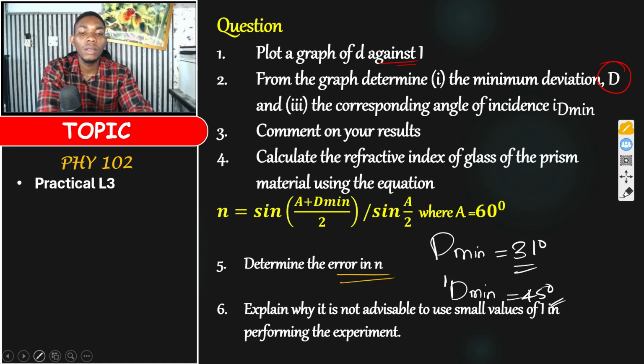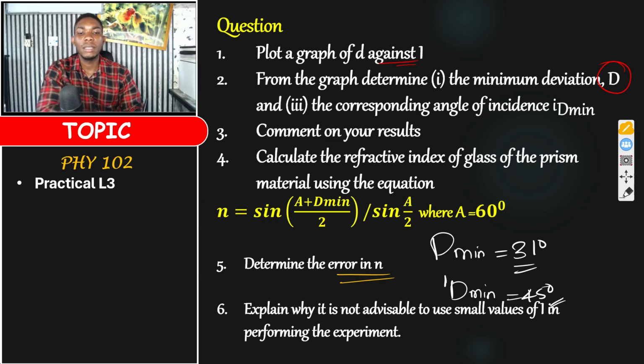That is the reason why most times we don't use a small value of I. In the same vein, you don't use small values of I because of difficulty in angle measurement. But the most important reason is to avoid total internal reflection. So that is the reason why you should not use small values of I.